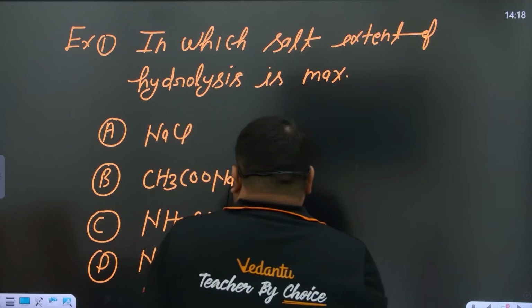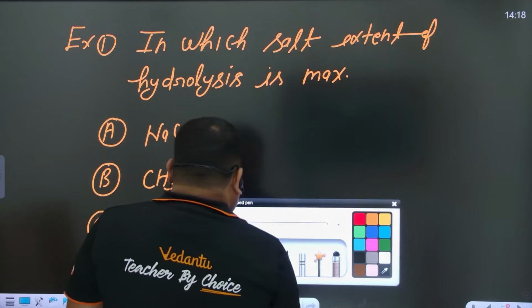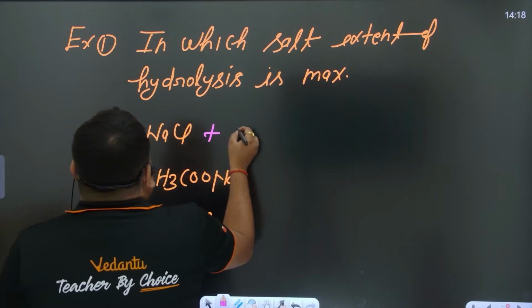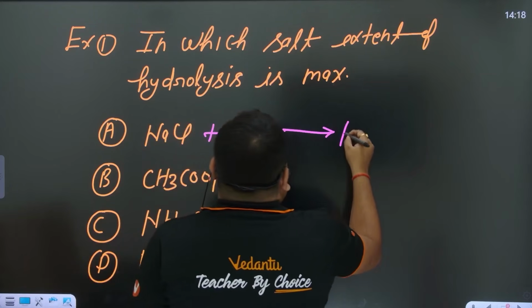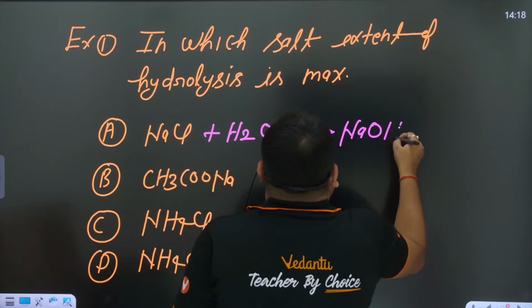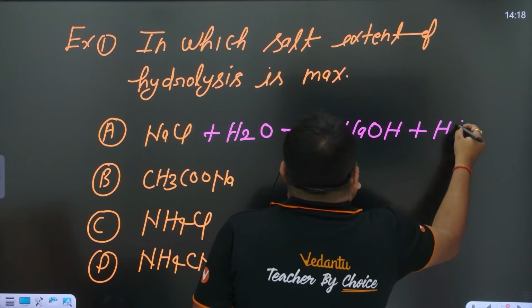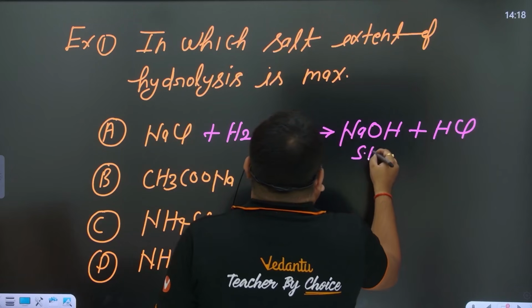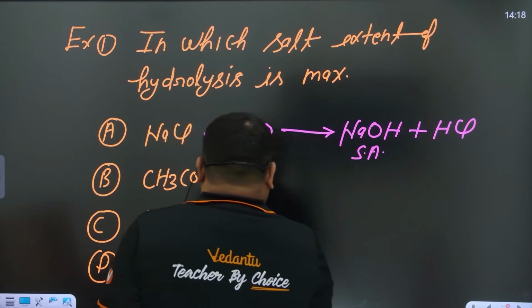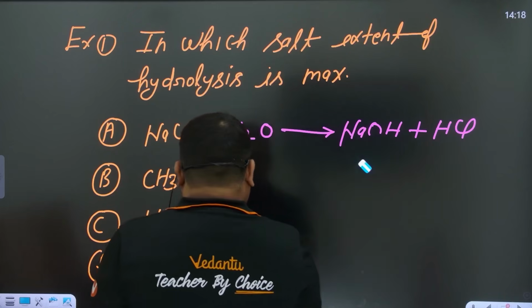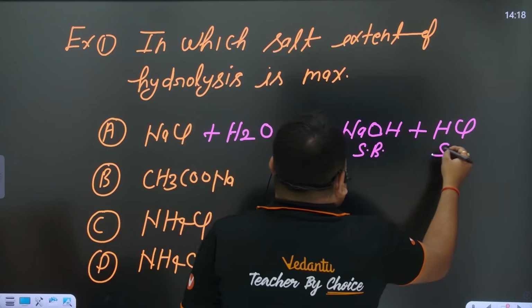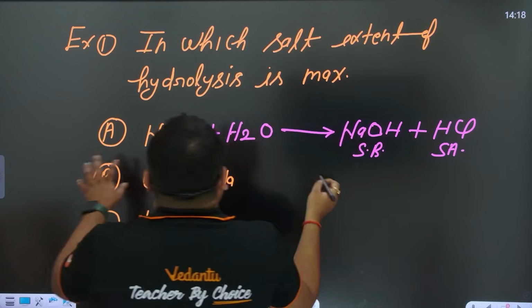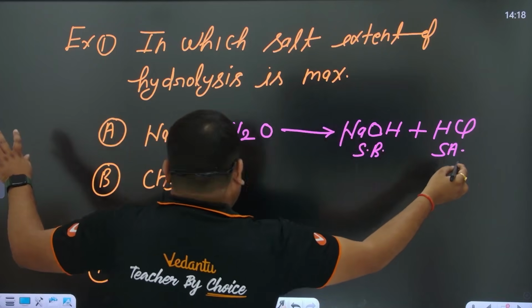Now first, we add water in option A, right? Then you get sodium hydroxide plus hydrochloric acid. So both parts are strong. This is a strong base and this is a strong acid. So in this case, hydrolysis does not take place, right?